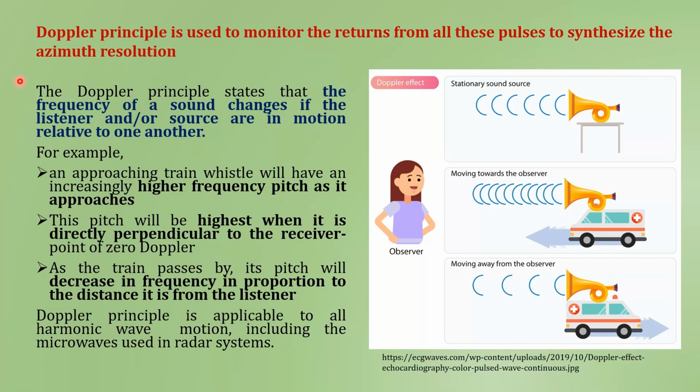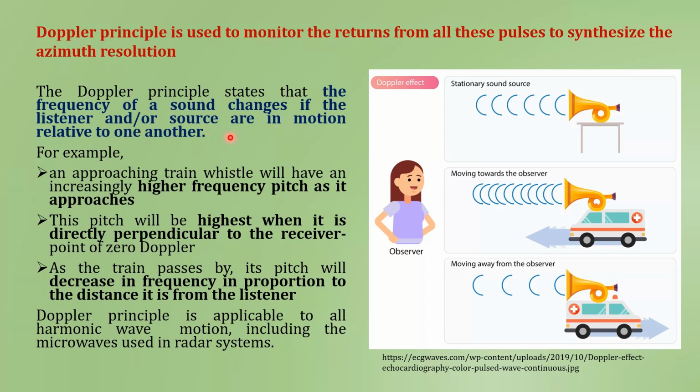In synthetic aperture radar, the Doppler principle is used to monitor the returns from all these pulses to synthesize the azimuth resolution. The Doppler principle states that the frequency of sound changes if the listener and or source are in motion relative to one another.